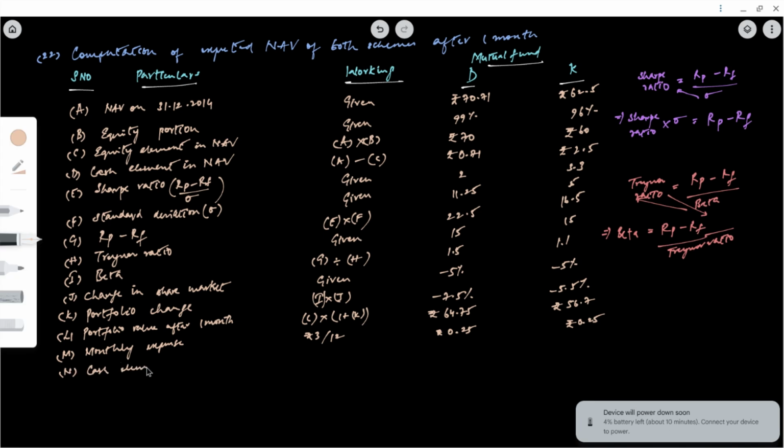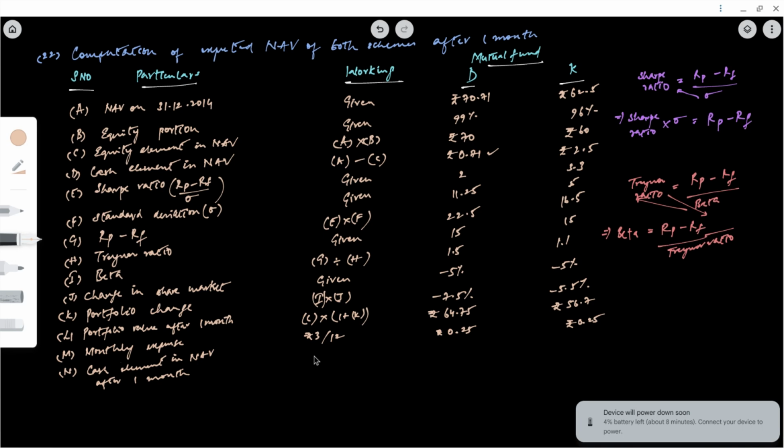Next, cash element in NAV after 1 month. So what is cash element in NAV after 1 month? In case of D, earlier the cash element was 0.71. Now there's a monthly expense of 0.25. So we will subtract 0.25 from 0.71 and we will get the cash element in NAV after 1 month, right?